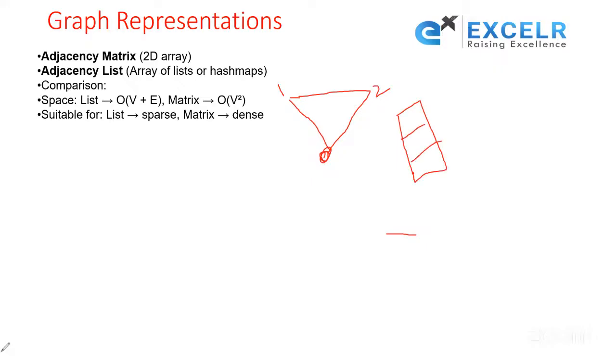It is vertex 0, vertex 1, and vertex 2. Then we have to check to which vertices vertex 0 is connected. It is connected to vertex 1 and then to vertex 2. Similarly, vertex 1 is connected to vertex 0 and vertex 2. What about 2? 2 is also connected to 0, and it is connected to 1.